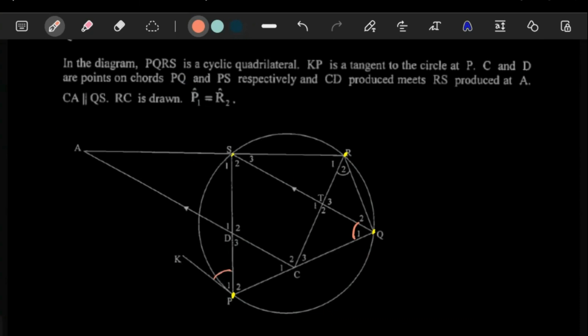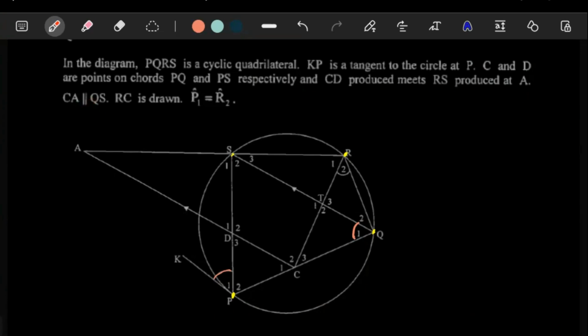And then CD produced meets RS at A. Then they told us all these things here. Let's see which ones are parallel. It's CA, right? So CA is parallel to QS.